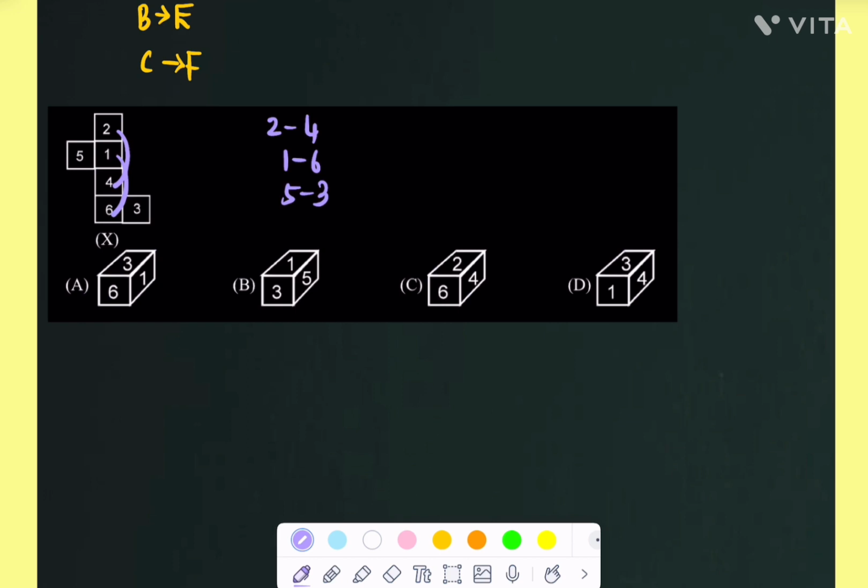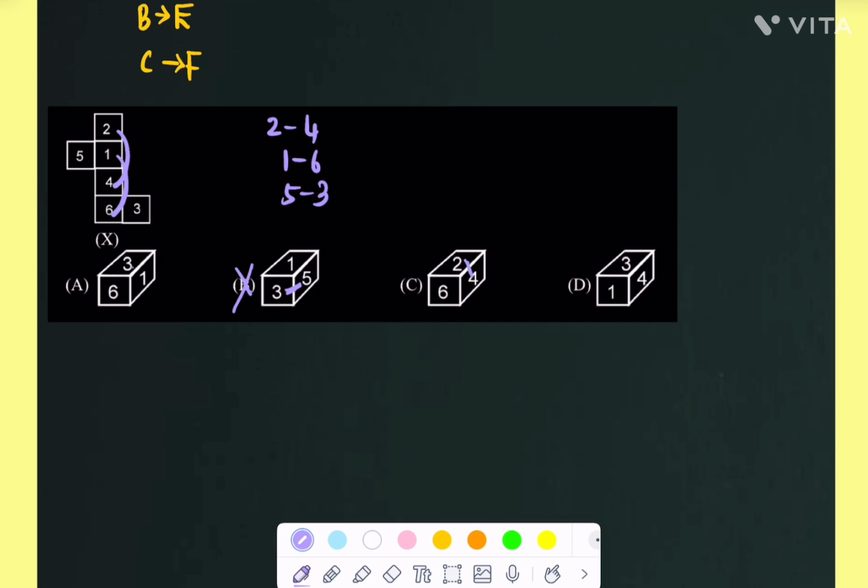So if I'm taking the first option, 1, 3, 6 is given here, 1, 3, 6. So opposite positions are not there as adjacent anywhere here. Anywhere opposite positions are adjacent, we'll check it. 5 and 3 are adjacent here, but these are opposite, so this is not the correct option, right?